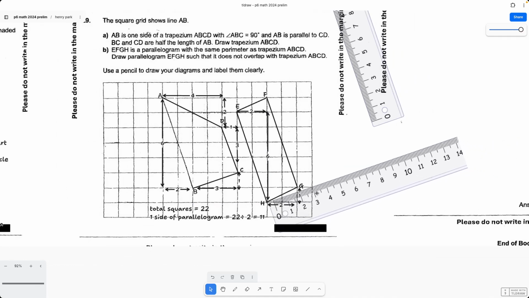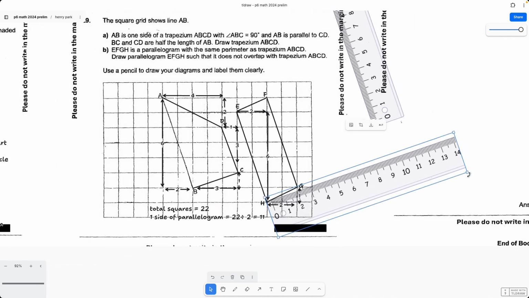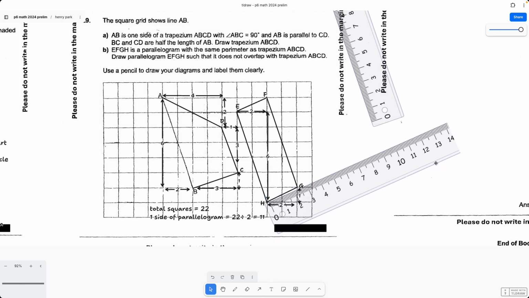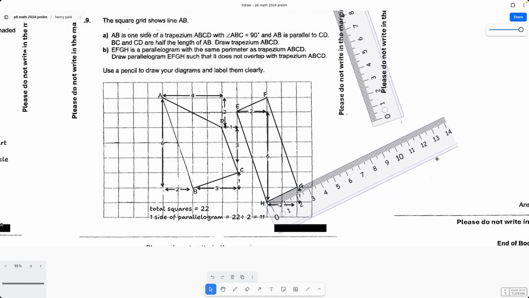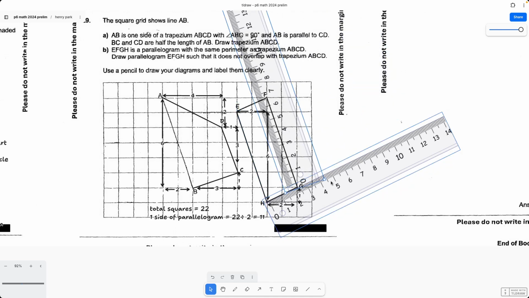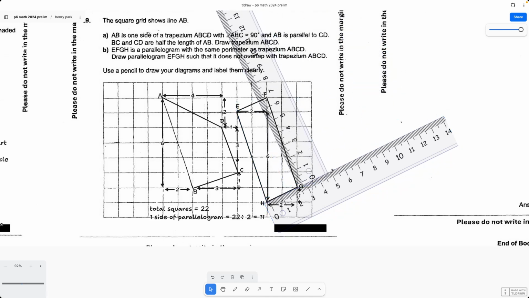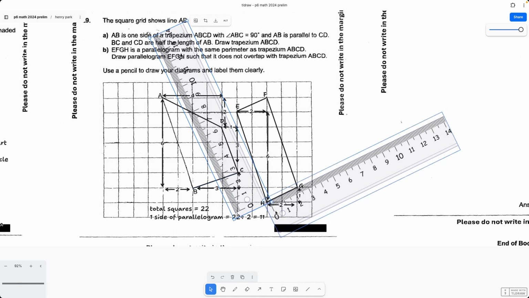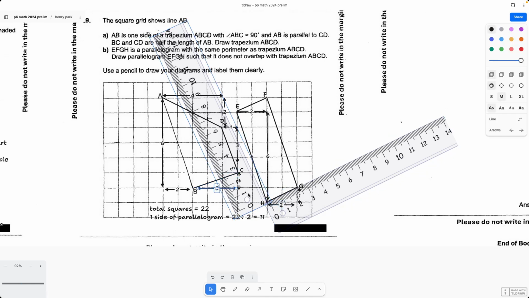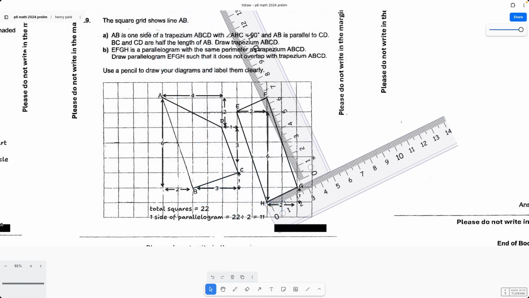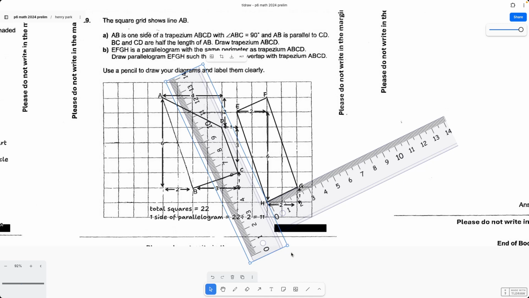Okay, so if you want to draw a parallelogram, you can use the two straight instruments like this. Once you have a point, like what you see over here, align it something like this. Let me just align this ruler. No, align it like this.